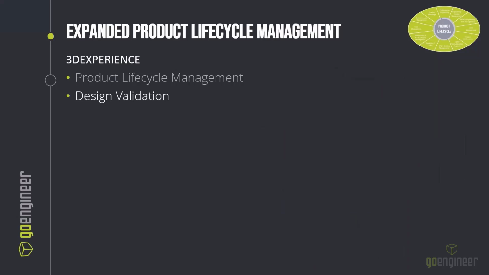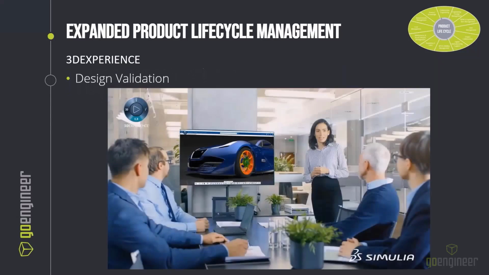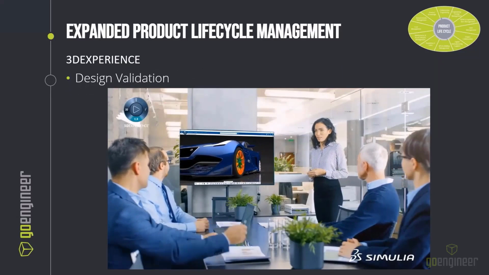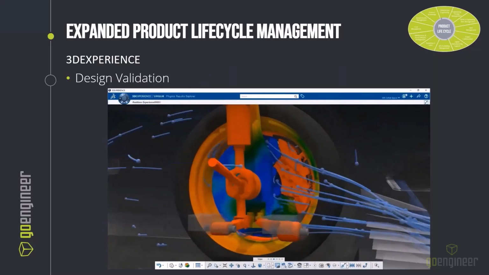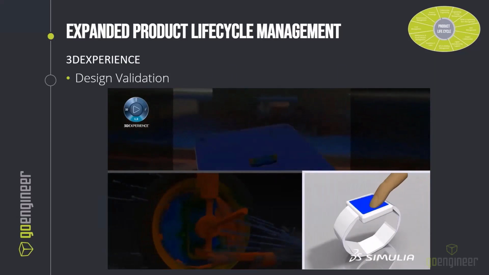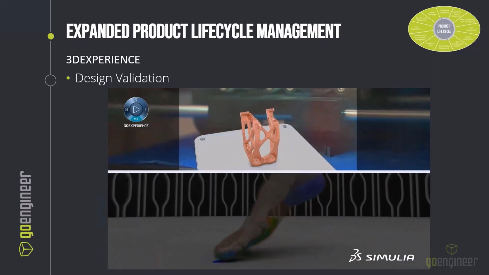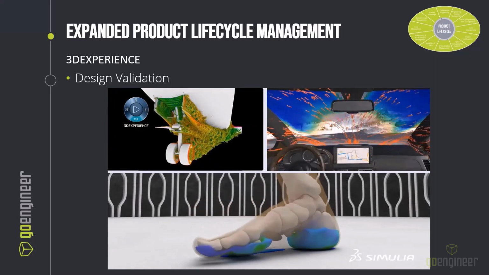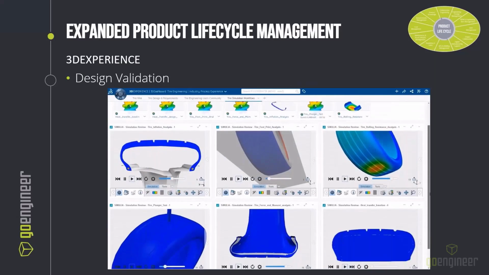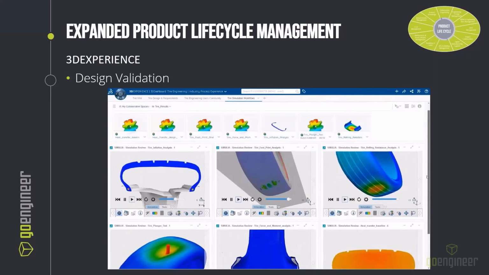Real product lifecycle management goes beyond just using data for drawings. With the use of Simulia tools on the 3D Experience platform, you can go further with your data to simulate its use for design validation. A complete set of multi-scale and multi-physics capabilities power these robust analysis tools.